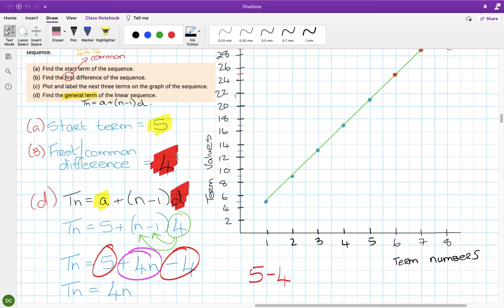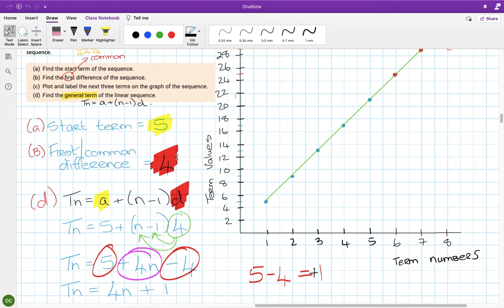And when you do that, your calculator will say 1. And then we have to remember that a 1 like that is a plus 1. So it's plus 1. And that's it.